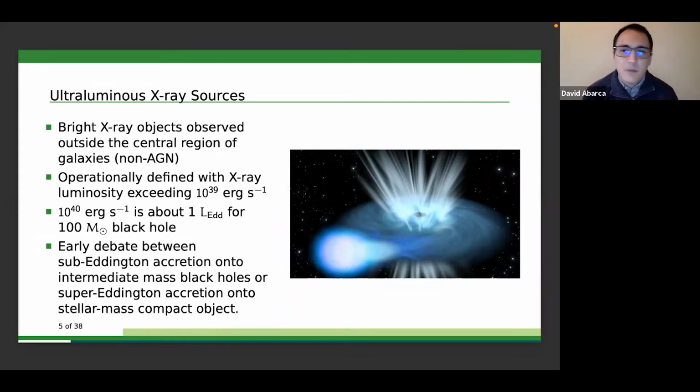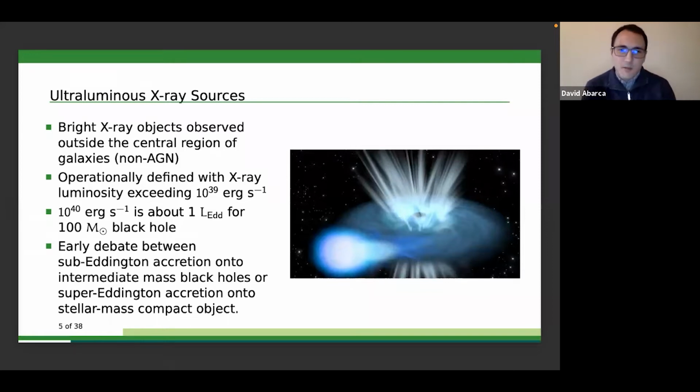They're basically bright X-ray objects observed in distant galaxies, but they do not correspond to any AGN, central galactic activity. These are in the outer parts of galaxies with bright X-ray luminosities that are anywhere between 10 to the 39 and 10 to the 41 ergs per second.